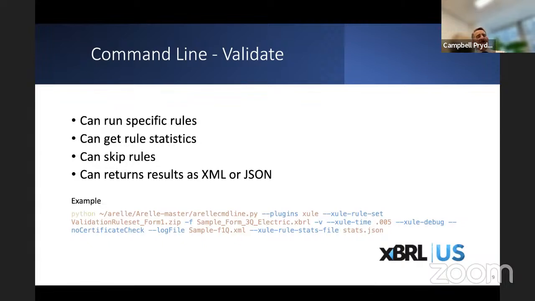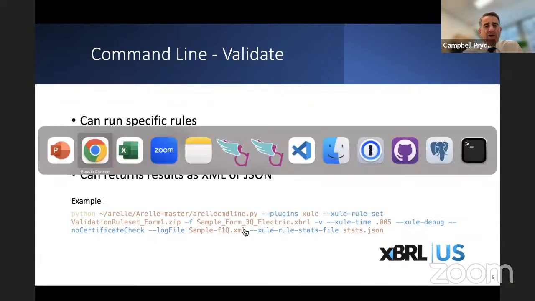This gives you more granularity. If you know the specific rules, you can run those. You can get rule statistics about which rules ran, how many results they produced, and how many passed and failed. You can say, run these rules except these ones, which may not be a problem. And then you can return those results in XML or JSON. So it gives you quite a bit of flexibility in terms of how you run those.